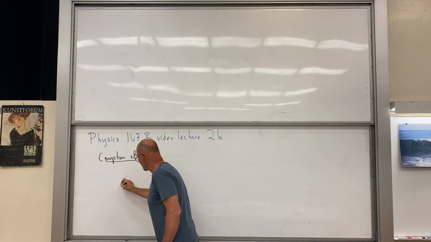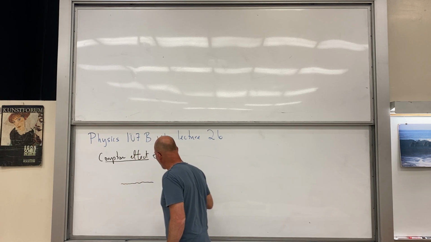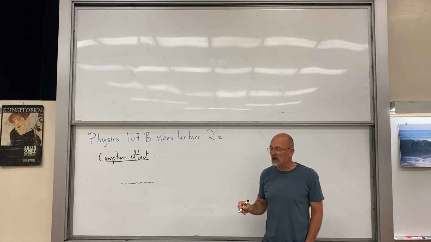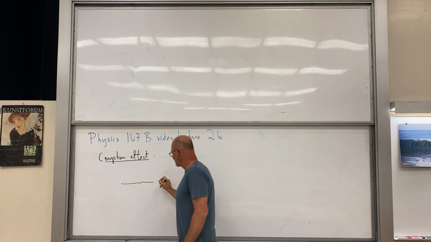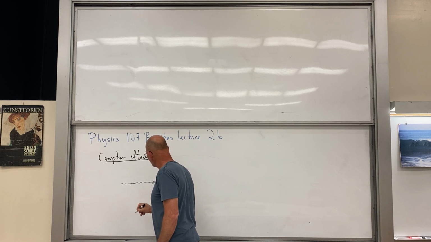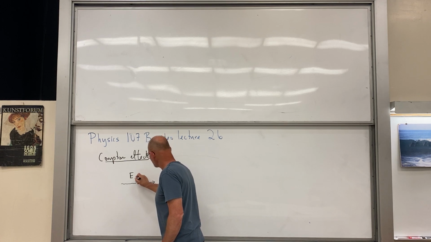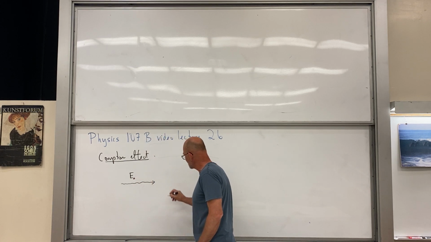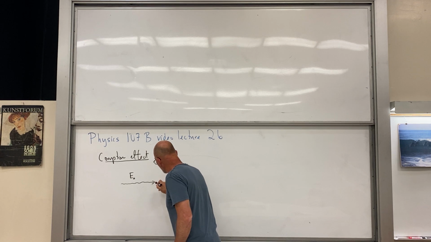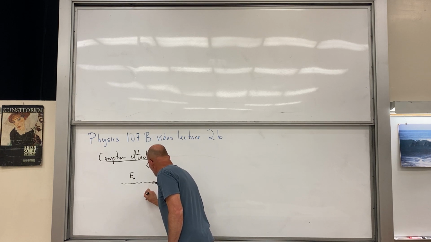What we're doing is treating the scattering of a photon off of an electron just as a collision problem. So the wavy line is the incoming photon, with initial energy, and we have an electron at rest.